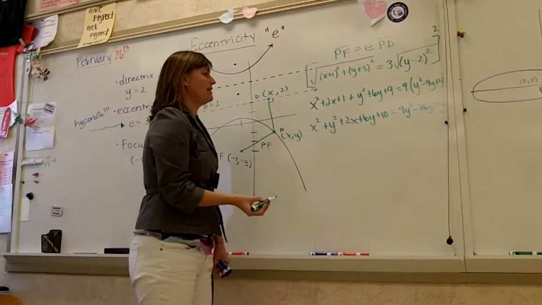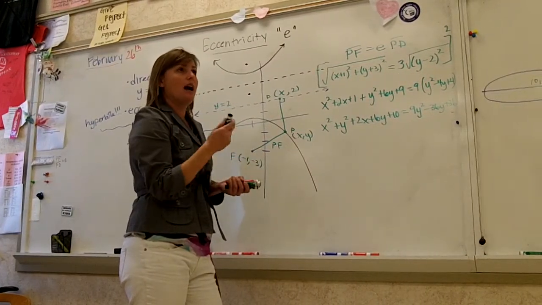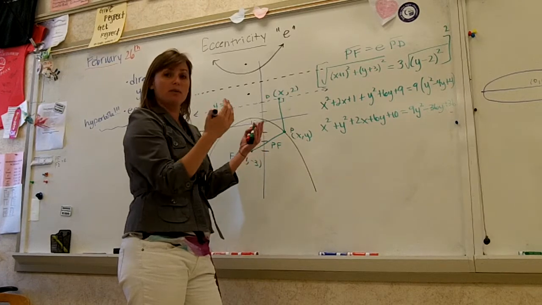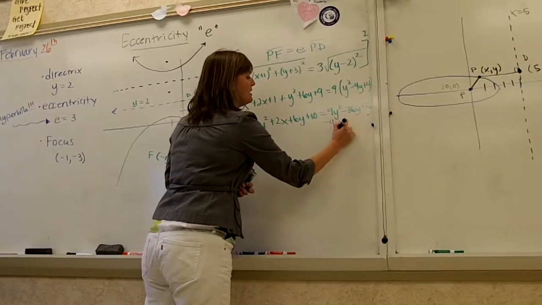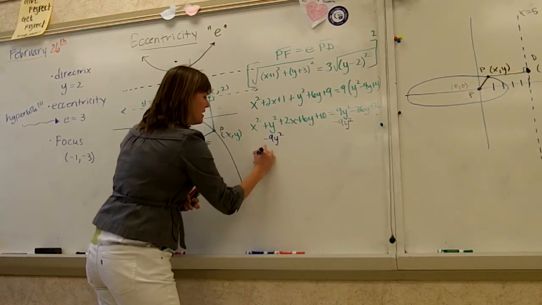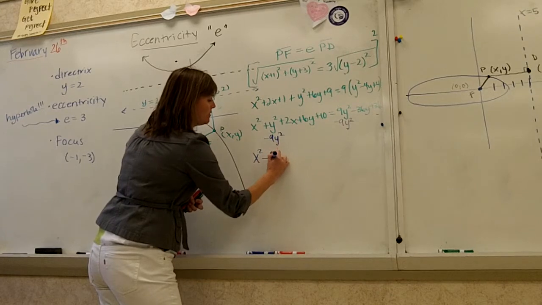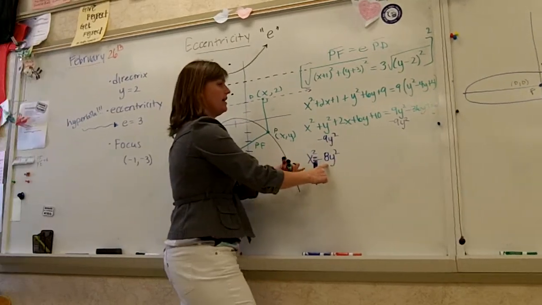Now let's combine like terms. Keep in mind that when you're doing a hyperbola, you want your two squared terms being subtracted. So when I subtract 9y squared from both sides, I get x squared minus 8y squared. Ding, ding, ding, look at that, that's a hyperbola.